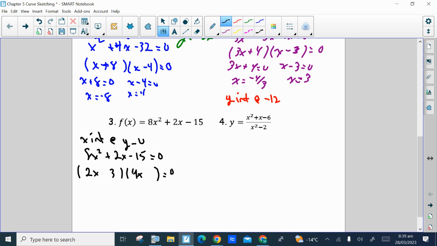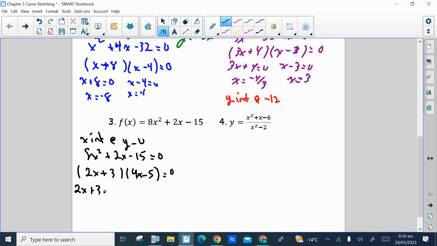So if we tried the 3 there and the 5 there, the outer products would be 10x, the inner products 12x. So they do differ by 2x. Because it's a positive 2x, that would mean the 12x has to be positive, the 10x negative, and there's your factors.